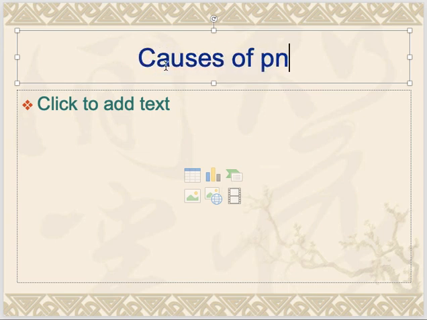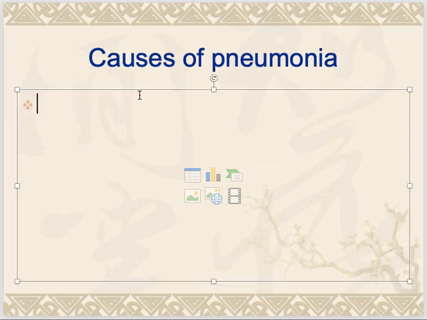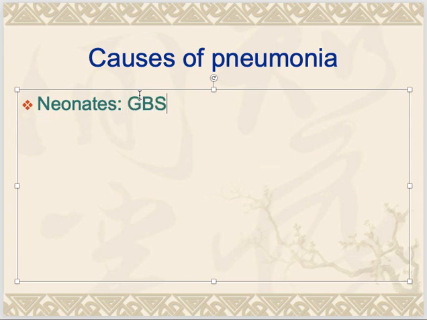Causes of pneumonia, because we are studying pediatrics, guys. In neonates, remember one thing: the most common bacterial causes are GBS, group B streptococcus, or E. coli, or Listeria. These are the organisms which they can contract while passing through the vagina.